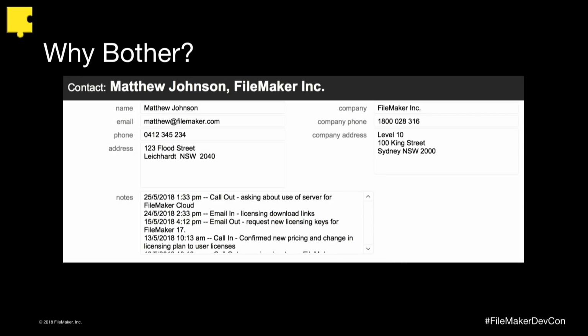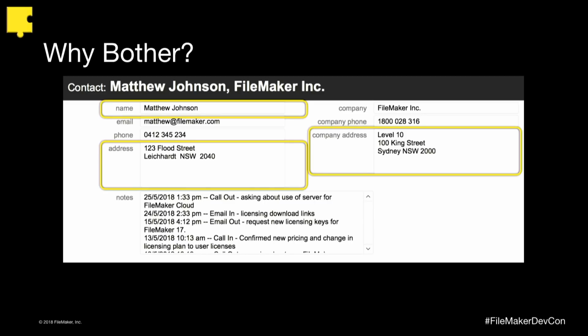Well, here's an example of a contact record for a fictitious person who works at FileMaker. All of the information that we record about that person has been put into a single record here, but there are already problems with that. We can look at these fields and see that there is multiple pieces of data in each of those fields. So their full name has gone into one field.